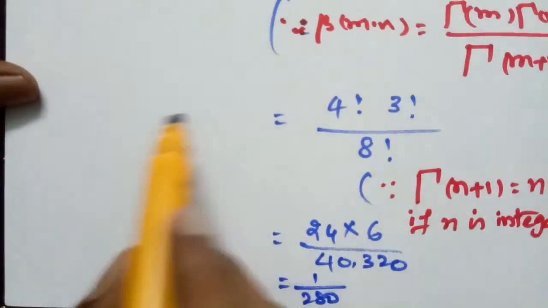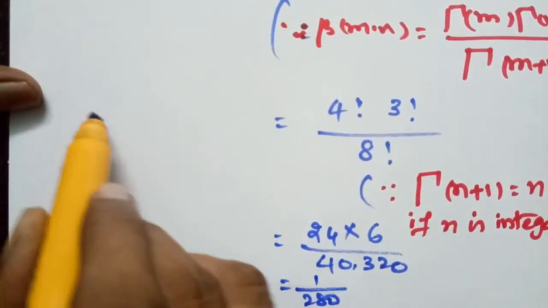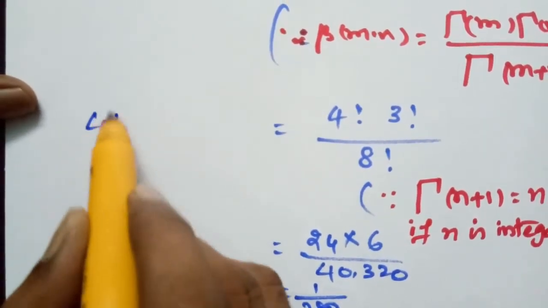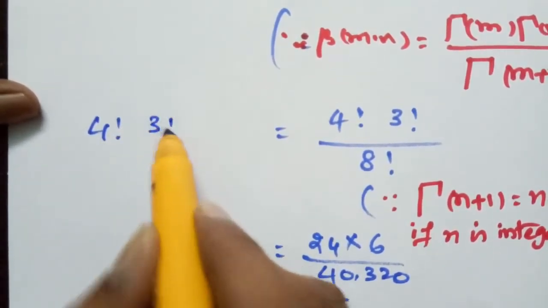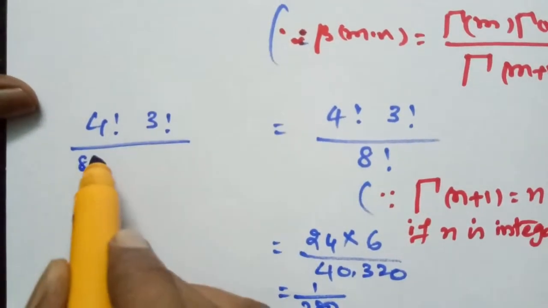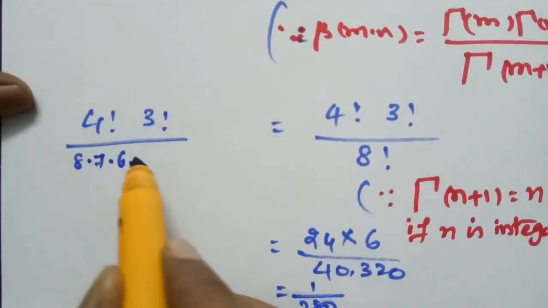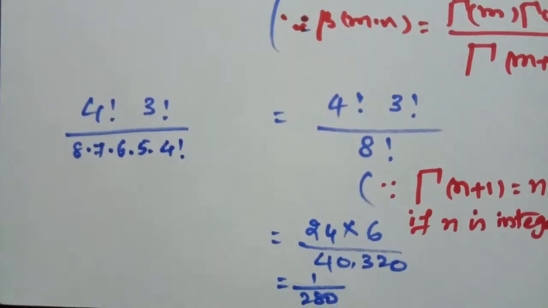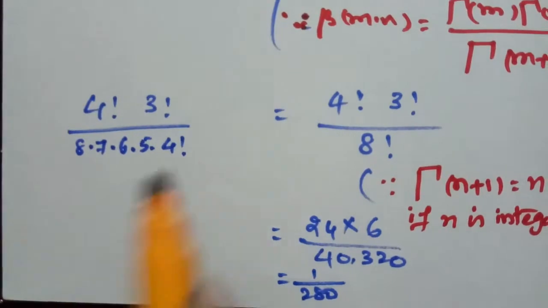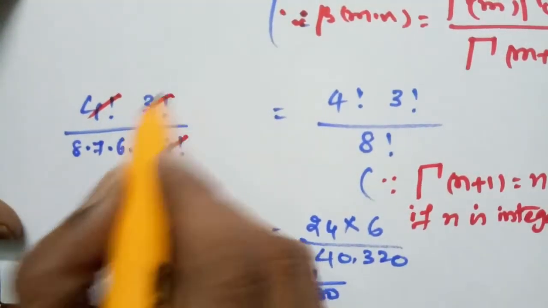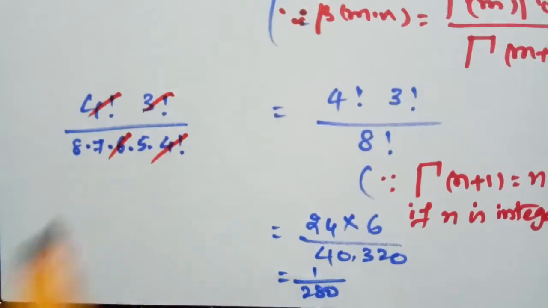Or otherwise this can also be solved: 4 factorial into 3 factorial by 8 factorial, that is 8 into 7 into 6 into 5 into 4 factorial. Therefore 4 factorial gets cancelled, and 3 factorial, 6, gets cancelled.